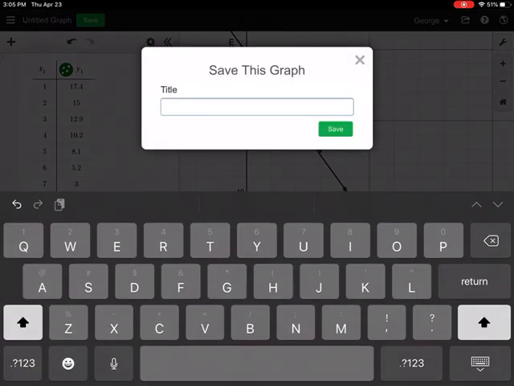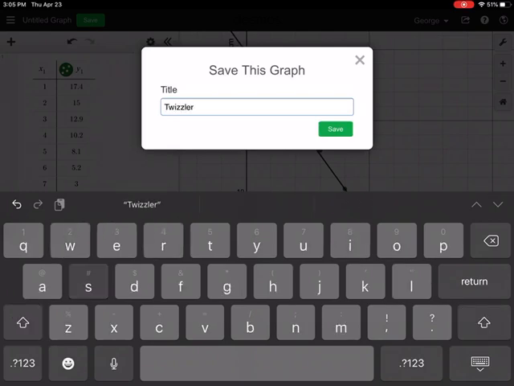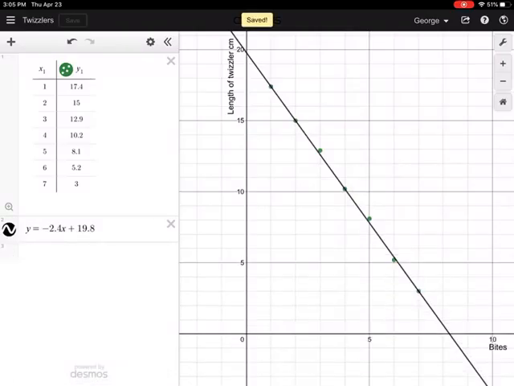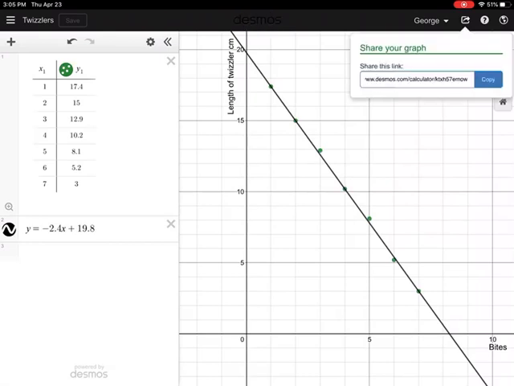And so then it'll sign you in. Then you can save the graph. So you have to sign in first, then save, Twizzlers. And then the button next to your name is where you share. So you could copy that link and upload it or put it into a Google Doc, I guess, in your Google Classroom. And then that will give you credit for today's assignment.